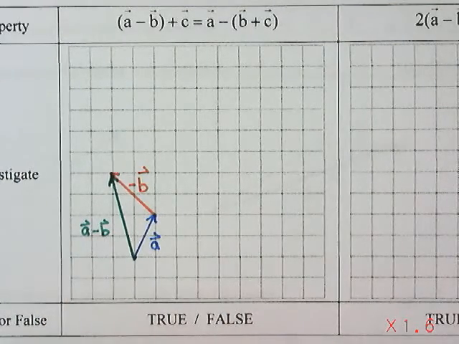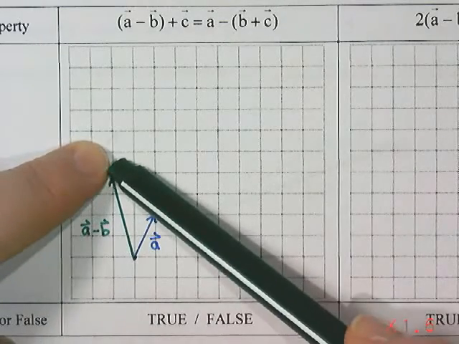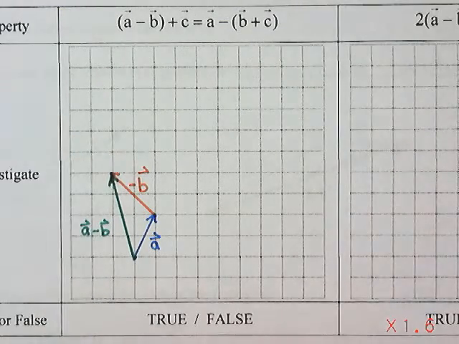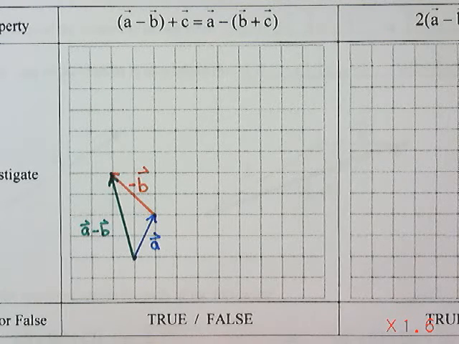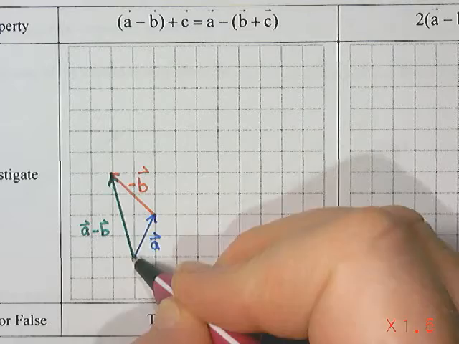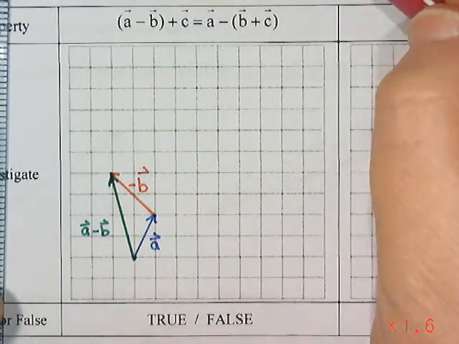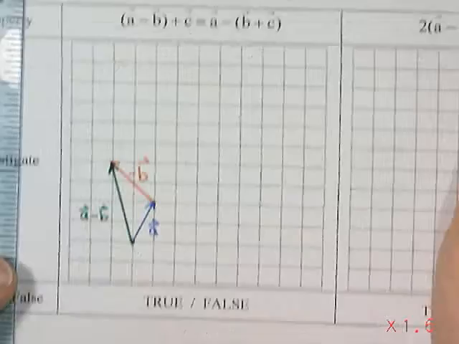Okay. Then what it wants me to do, now that I have A minus B, is add C. This is going to get a little squishy. I didn't really leave a lot of room here. So from the end of this one, A minus B, we are going to add C. C is going 2 squares straight down.